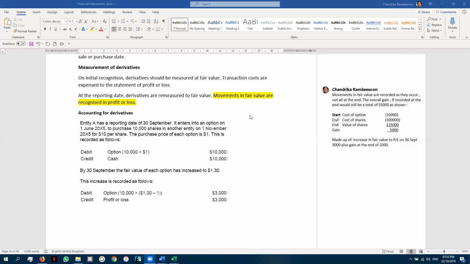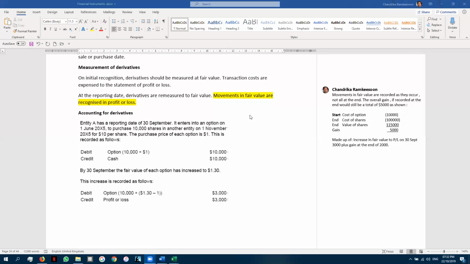If an entity wants to buy shares in future, of course, it must be in another company. Now, it's not as though the entity intends to go to the other company and buy the shares. Of course, the shares can be purchased on the stock exchange. And in future, in this case, on 1st November, entity A wants to buy 10,000 shares.